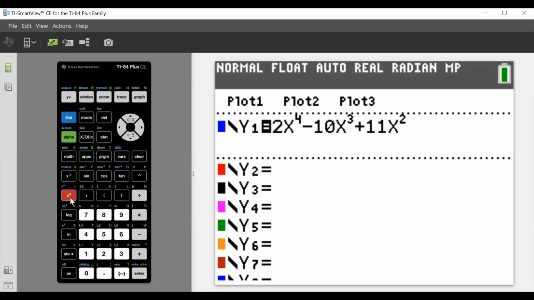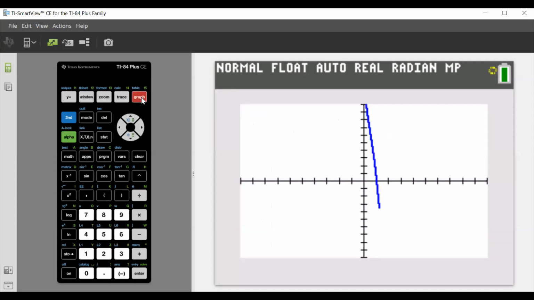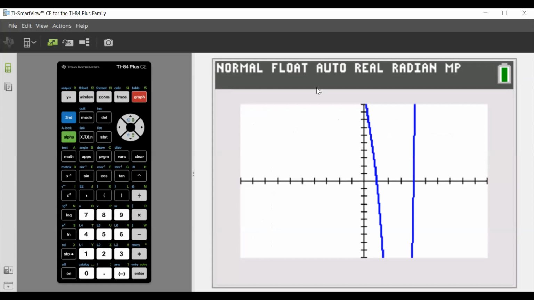And then minus 15x, and then plus 12. I don't know what the window is going to be, but let's graph it and see if we're anywhere close. And this was x to the fourth, so it's going to be both going up.